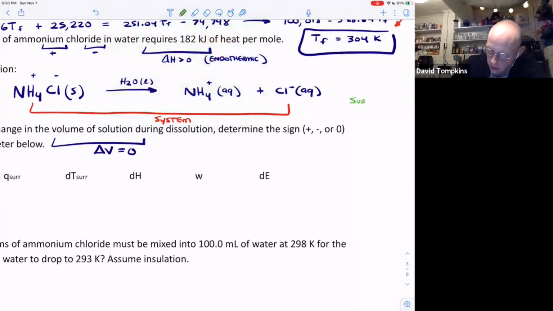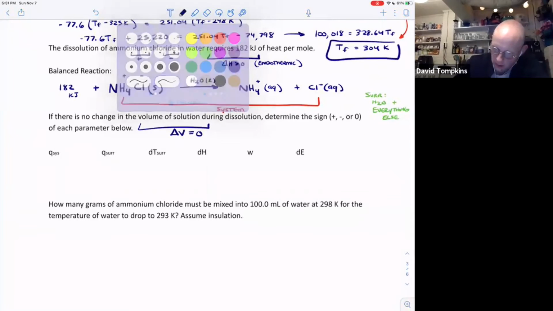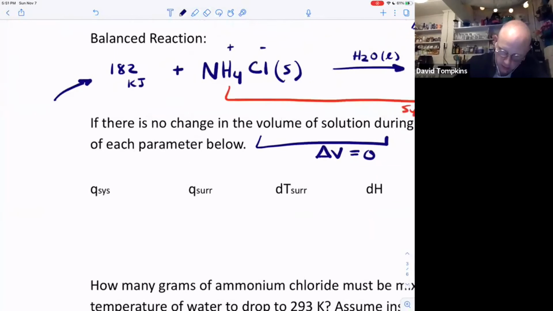The most immediate surroundings are water, the other component of the solution, and then anything technically outside the solution. We normally just focus on the immediate surroundings, water. So heat is being absorbed by the system, or it's endothermic.